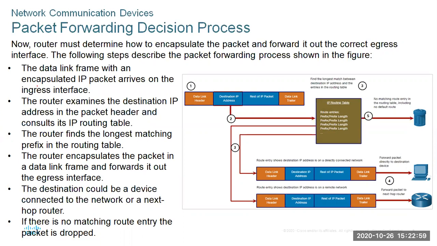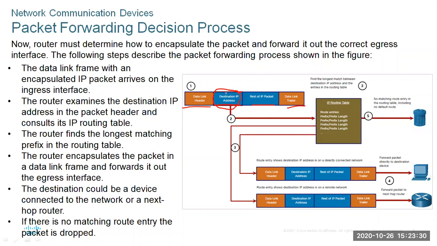Now, the data link frame with an encapsulated IP address arrives on the egress interface. All right, so this is the data link header. This is the data link trailer. This is the destination IP address, that comes from layer 3. This is the rest of the IP packet information. So the most important one is the destination IP address.